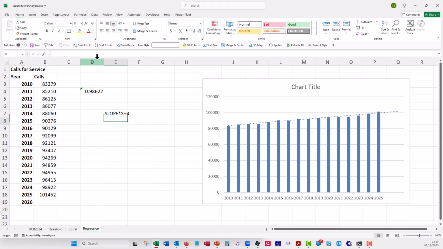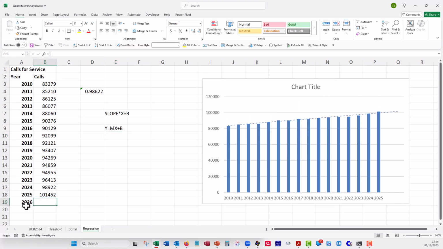That's why I typed b there. So y equals mx plus b is the way that this is often presented to students who are taking this in high school. So if that just caused a flashback to high school math, that's why.